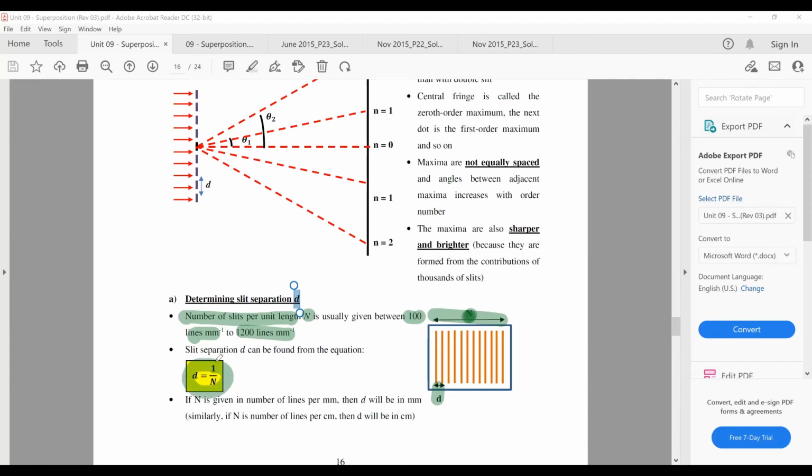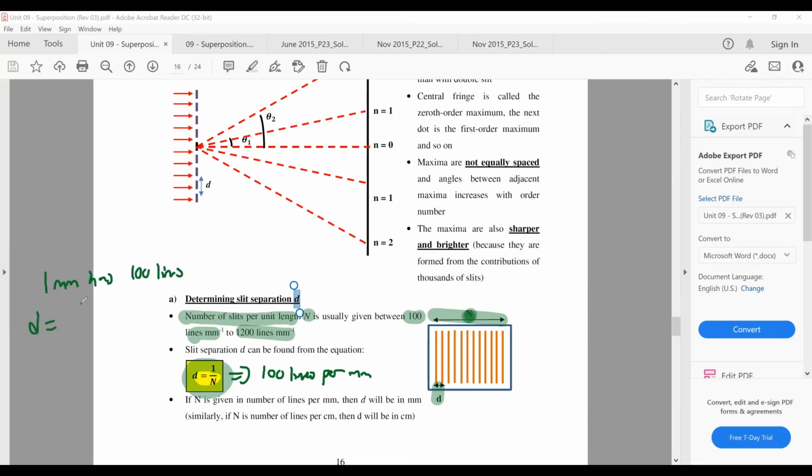d is 1 over n. Why is it d equals 1 over n? If I tell you you have 100 lines per millimeter, that means 1 millimeter has 100 lines.